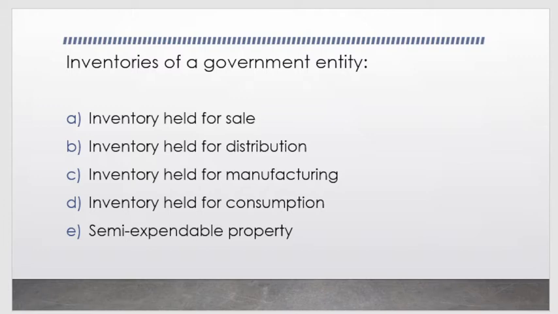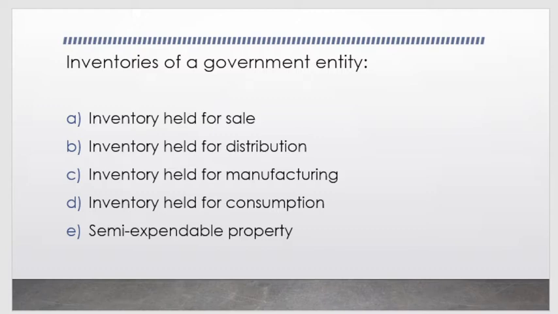Yun yung mga items that are included in the account title inventory held for sale. When we say inventory held for distribution, pwede ito sa NFA or sa DSWD. These are items such as rice and other welfare goods held for distribution or para sa mga relief operations.